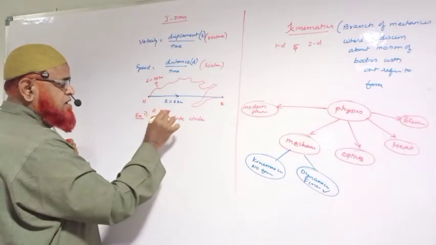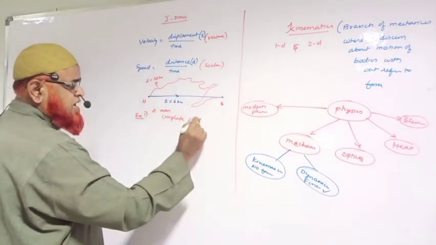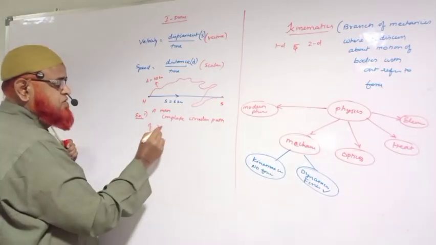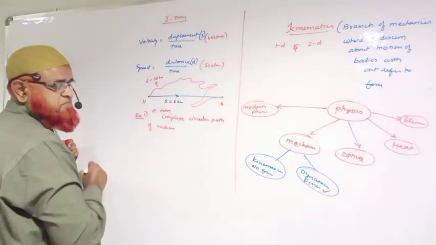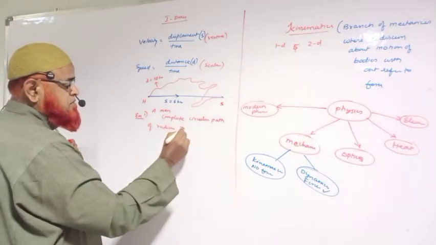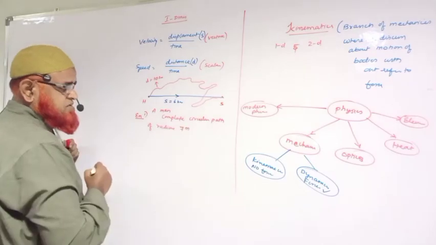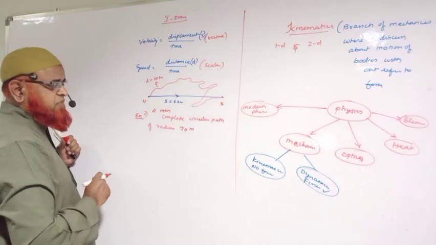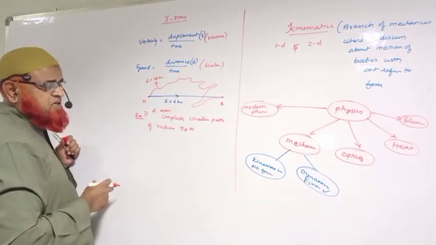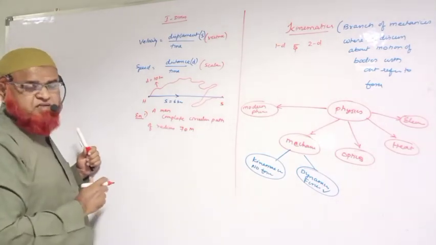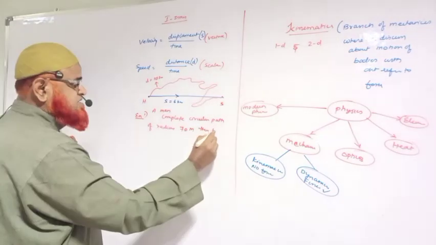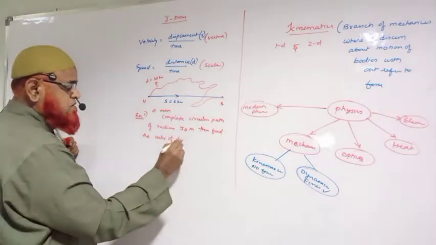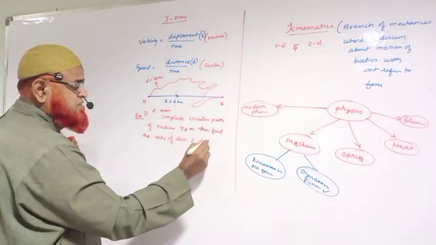A man completes a circular path of radius 7 meters. Let us take 70 meters. A man completes a circular path of radius 7 meters. Then find the ratio of distance and displacement.